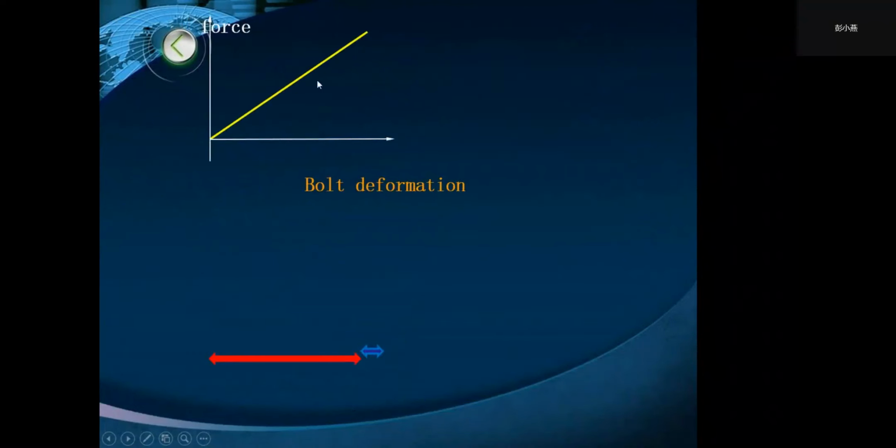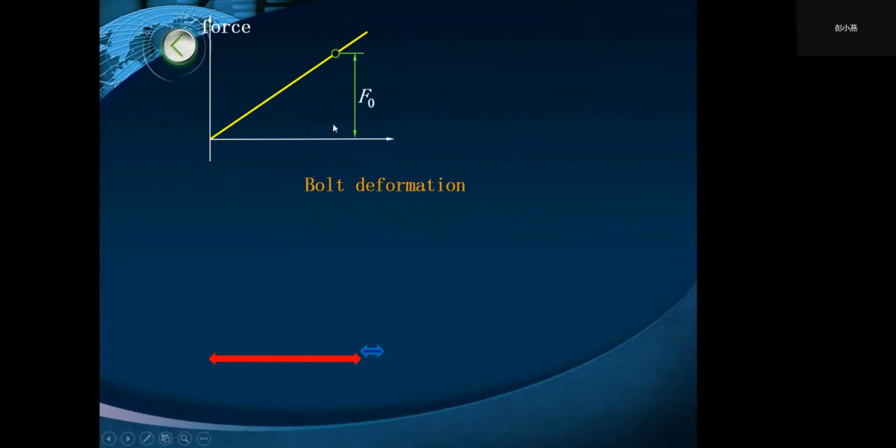This is the bolt deformation. When the bolt is subject to preload, is the deformation elastic or plastic? Actually, elastic, so it satisfies Hooke's law.